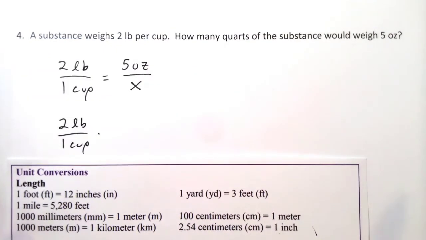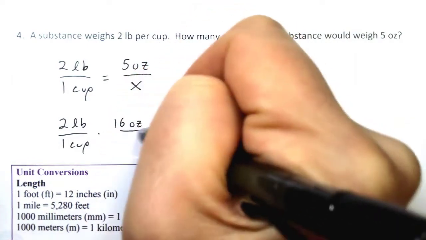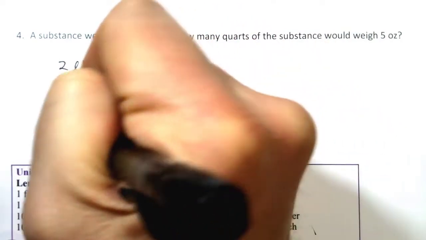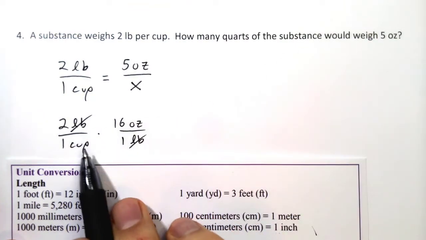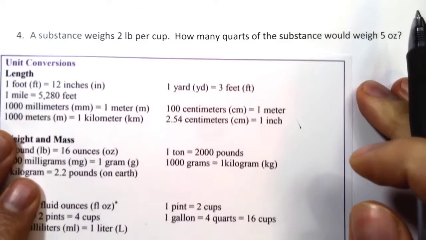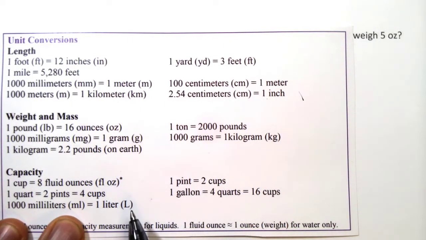So I will multiply by 16 ounces over 1 pound. That will cancel the pounds. Good, I got my ounces. Now I need to convert cups to quarts. Okay, let's take a look. 1 quart is equal to 4 cups.